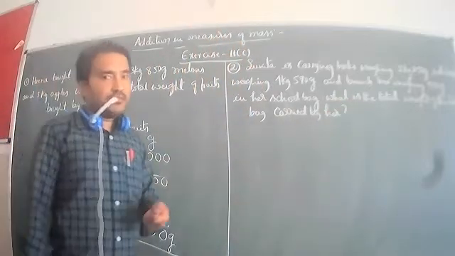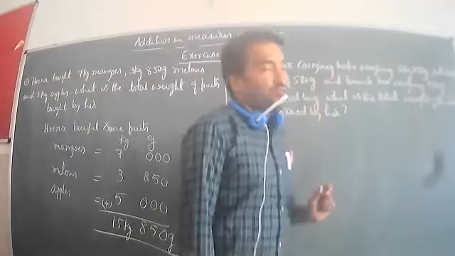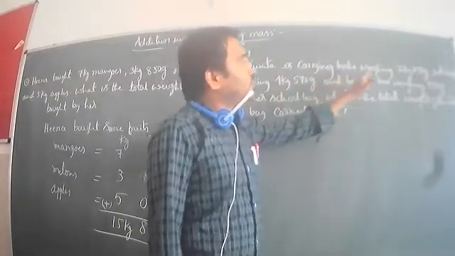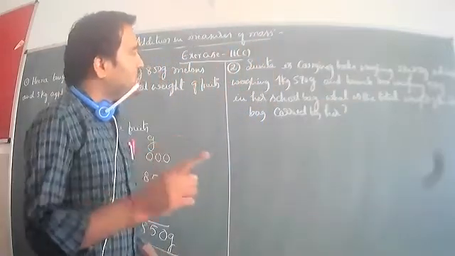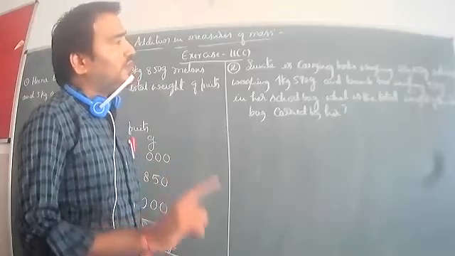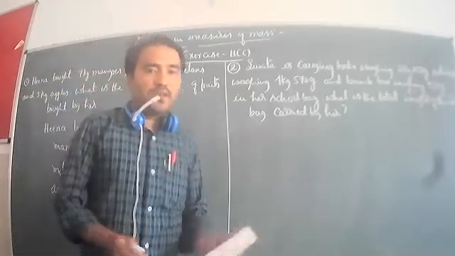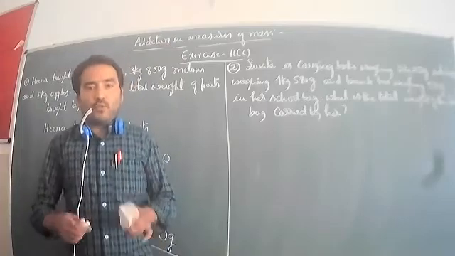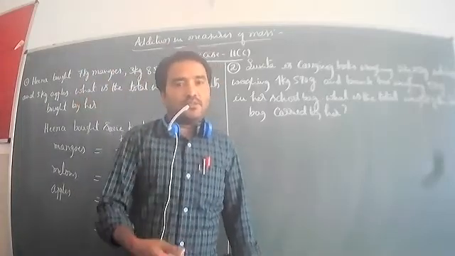Sunita is carrying books, first two books. What is the weight of the books? 2 kg 255 gram. Then notebooks 1 kg 570 gram, and lunch box 570 grams in her school bag. So these are the things in the bag. So that is the question.